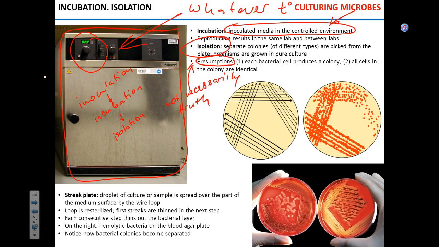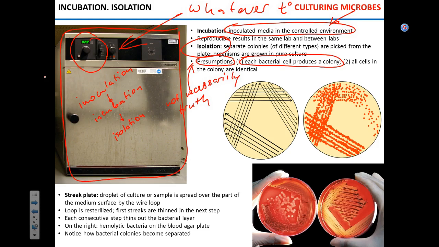Okay? So when we work with microorganisms, we presume that a bacterial cell produces a colony, one cell, one colony, which I can tell you up front most likely isn't true. But for simplicity, we presume that it's true. And second, all cells in the colony are identical, which most likely isn't true either, because when cells multiply, they accumulate mutations, and there is a pretty good chance that cells in the same colony are going to have some genetic variability.